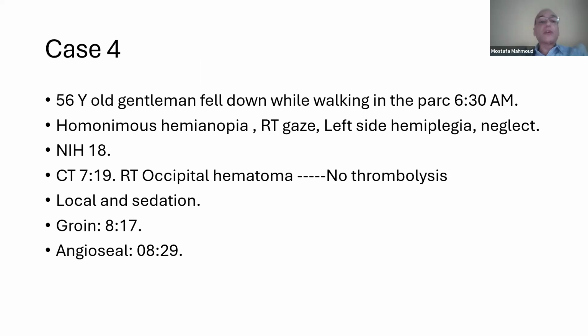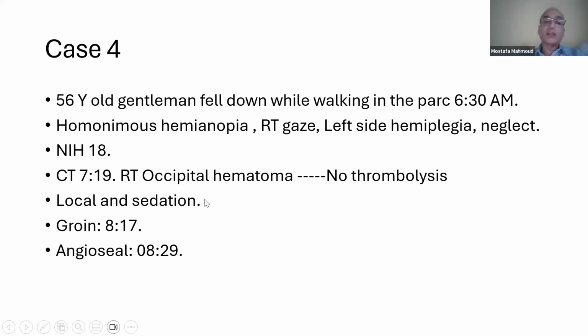Another case, a 56-year-old gentleman, fell down while walking in the park at 6:30 a.m. Homonymous hemianopia, right gaze, left side hemiplegia, neglect, NIHSS very high. CT showed a right occipital hematoma, most likely because of his trauma, so no thrombolysis.